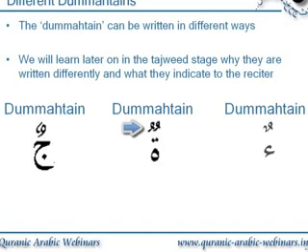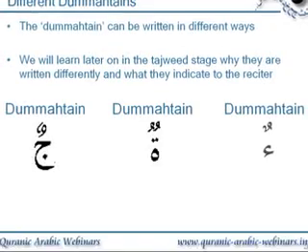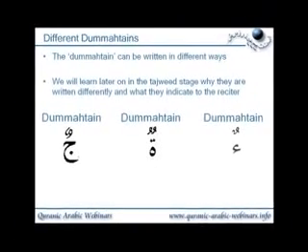The second one is simply two dhammas written together, which is what you would expect, and what we've written in a lot of the slides before. And the third one is two dhammas, where one looks the right way up and the other upside down. As long as you can recognize that these are all dhammatains or dhamma tanween, that's fine.